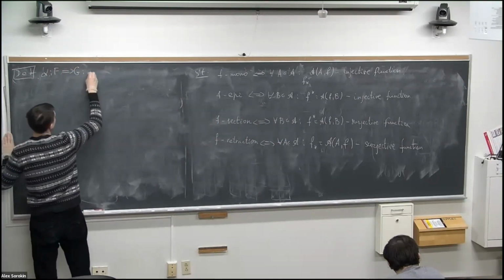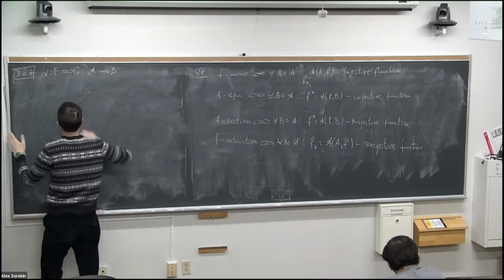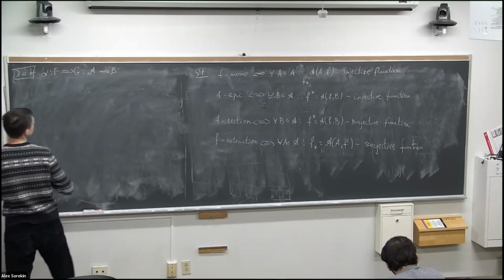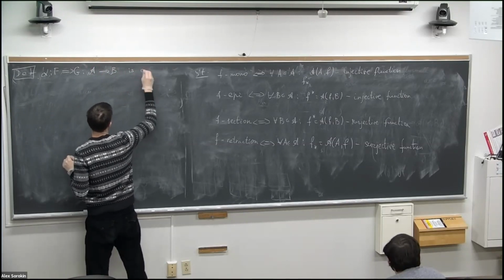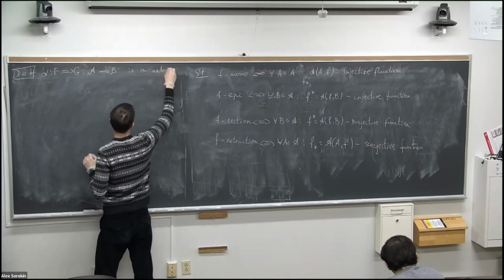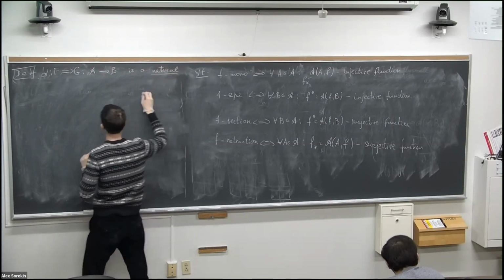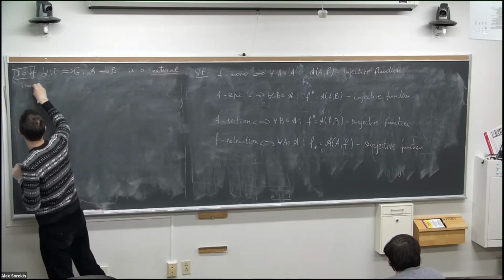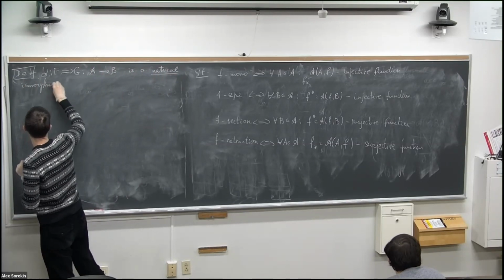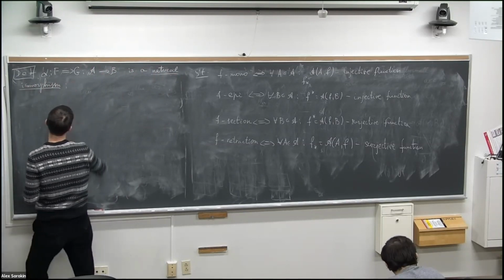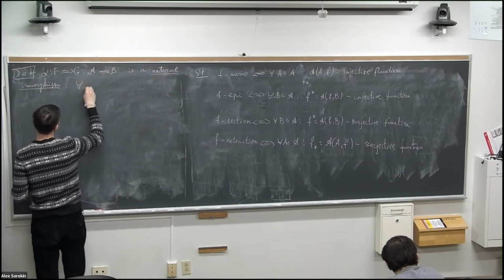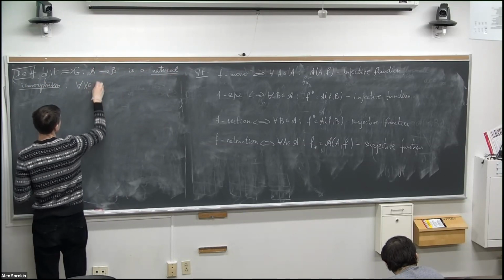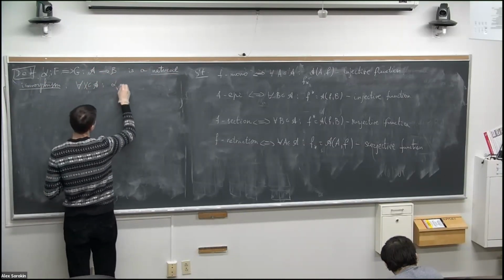A natural transformation from F to G is a natural isomorphism if for every X in A, alpha sub X is an isomorphism.